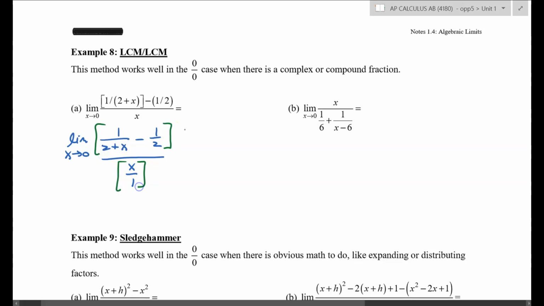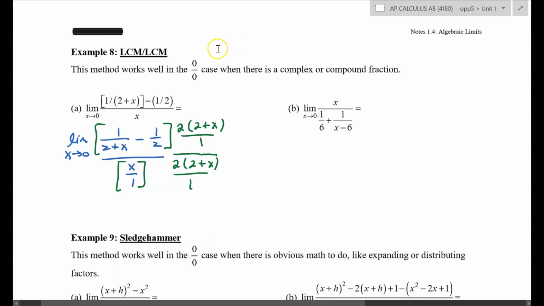So I'm going to multiply everything by 2 times 2 plus x. Do I really have to write times 1? No? All right, so that's what I'm going to multiply by. Now that's really over 1. So if I want to emphasize that, I can.